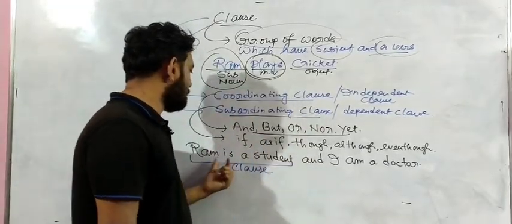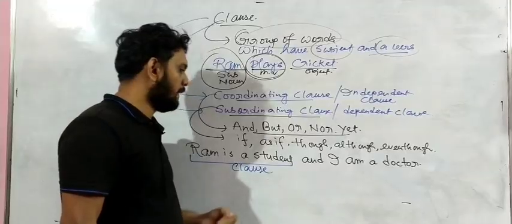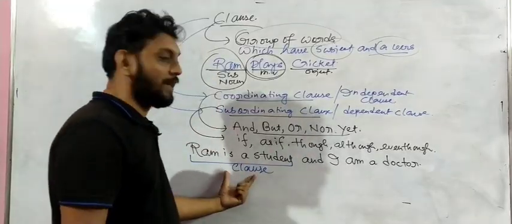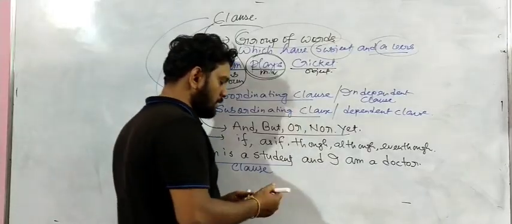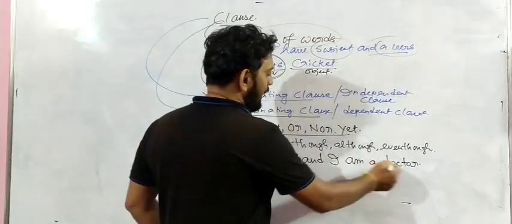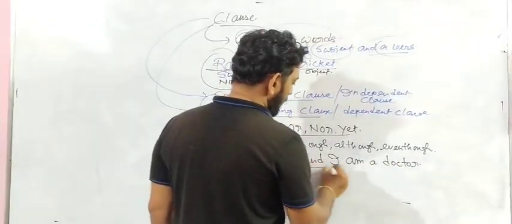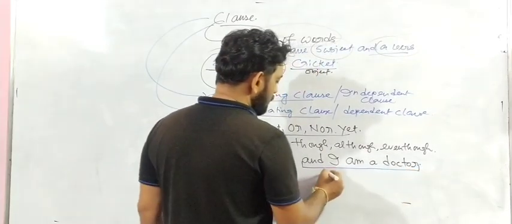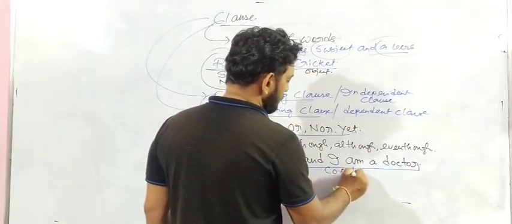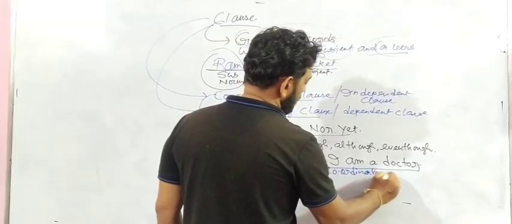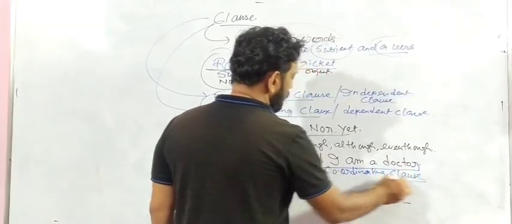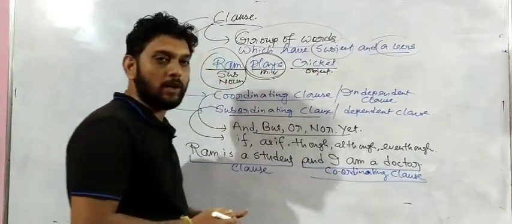What I have written, Ram is a student, is a clause. It also expresses the meaning. Yes or no, my friend? Yes. You see also I have written over here, and I am a doctor. Here, from and to doctor, it is known as coordinating clause. Why is it known as coordinating clause?